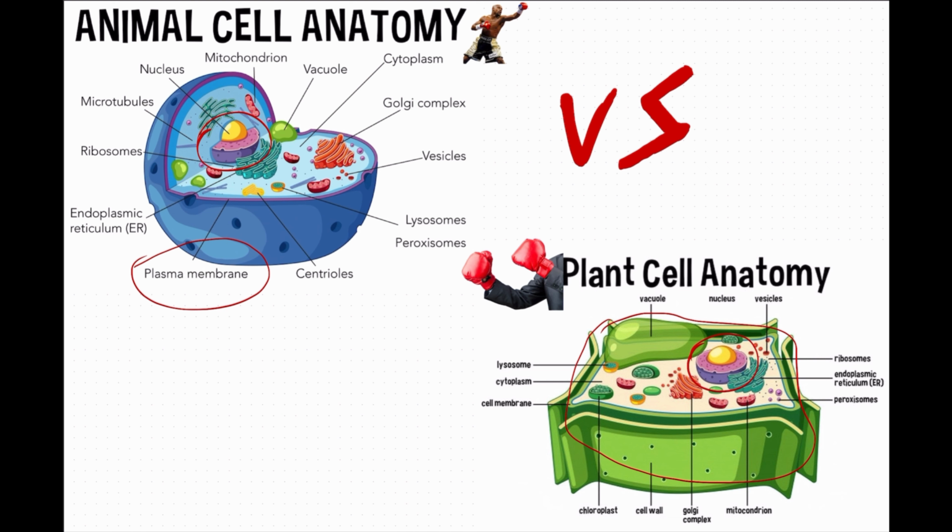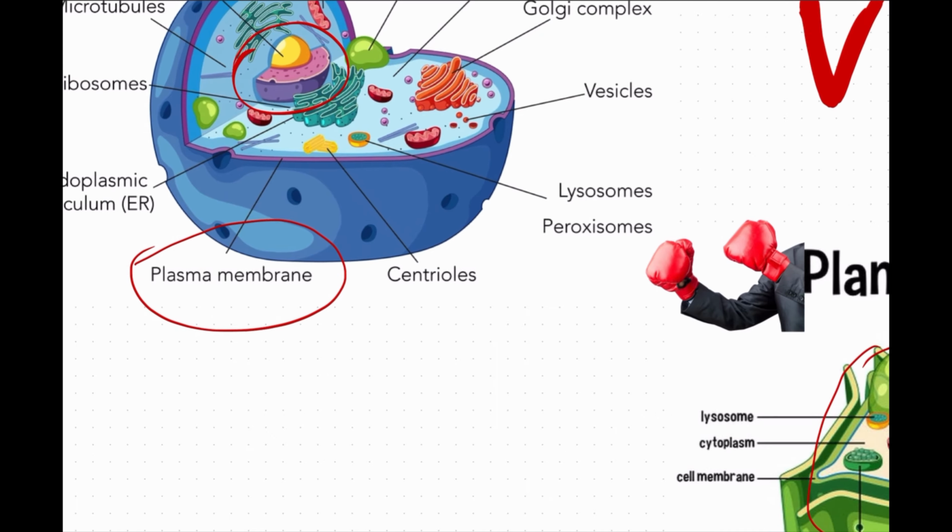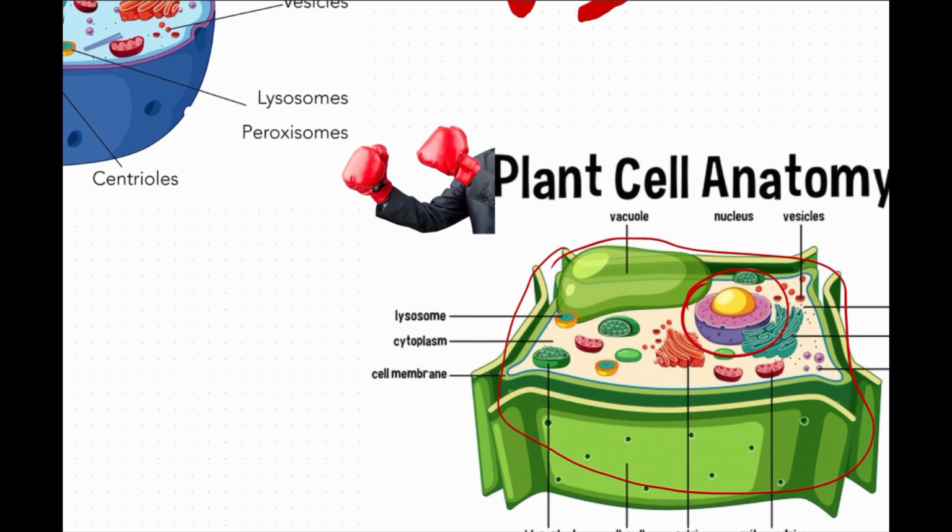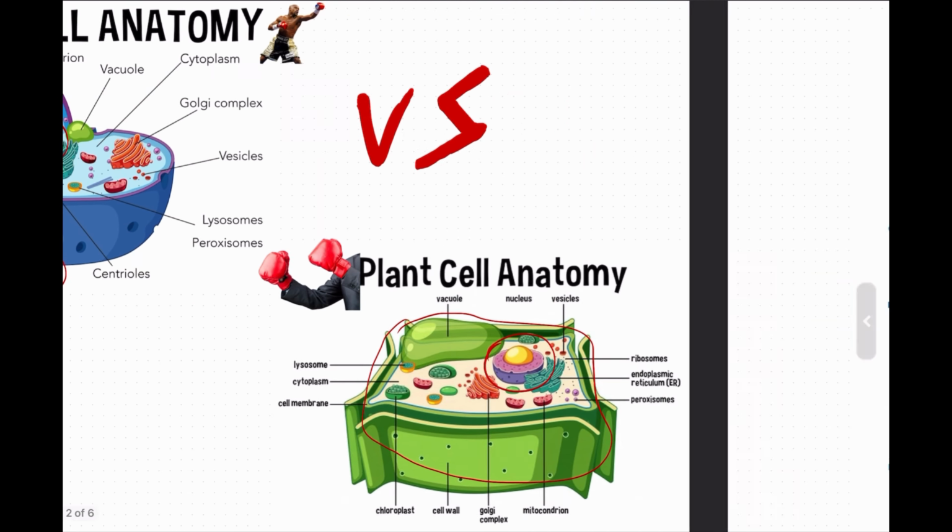So this way we can tell the difference between an animal cell and a plant cell. Of course, there are other key differences, but just for the sake of this video, we just want to know that both animal and plant cells have a nucleus, and that the animal cell has a plasma membrane and the plant cell has the cell wall.